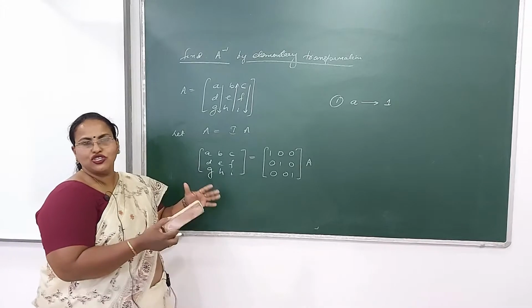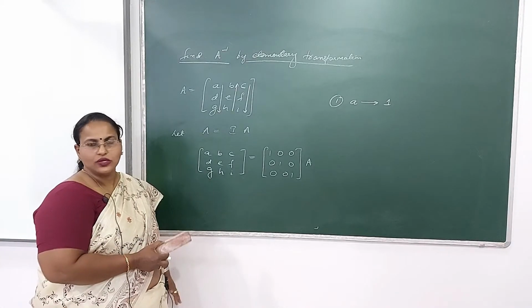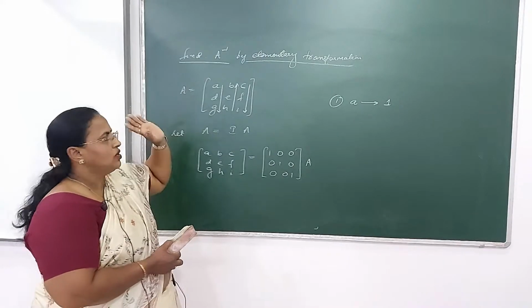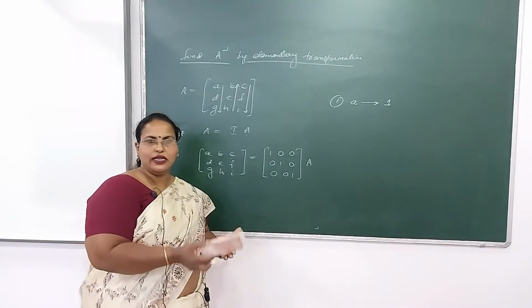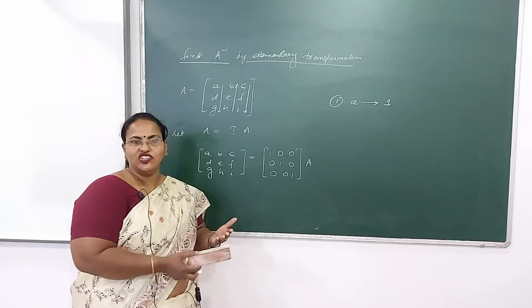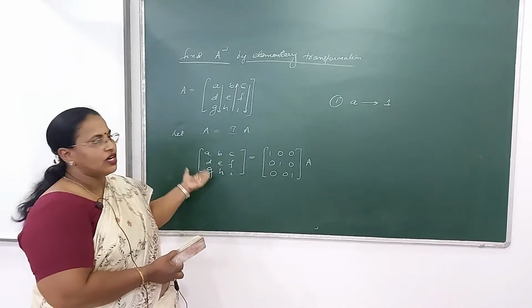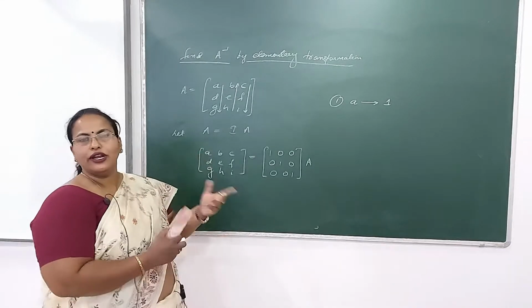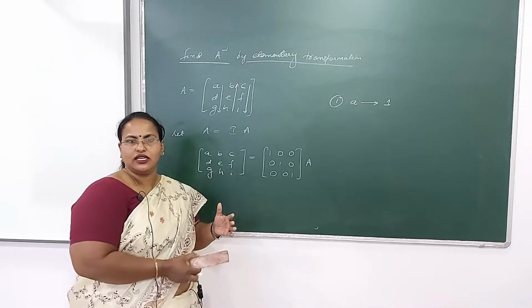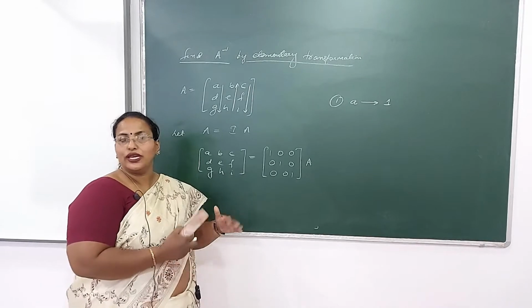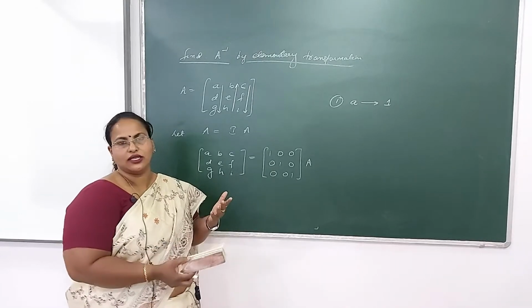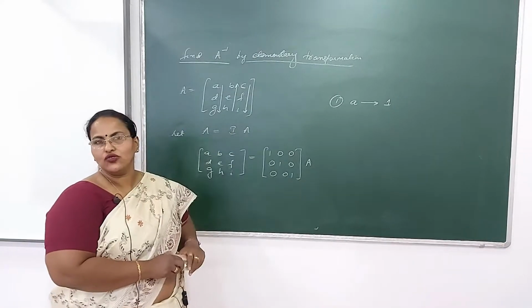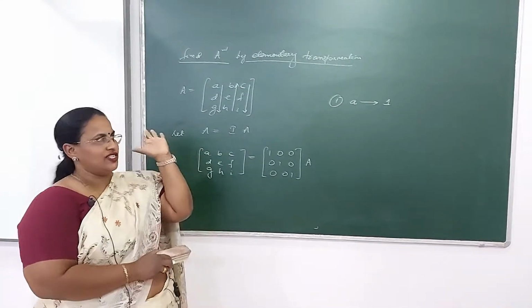So all the options are open here. Either you can divide by the same element, or you can interchange. If suppose in the third row this position is 1 and you want 1 here, go for interchanging, R1 interchanged with R3, that is also okay. Or you can take the help of R2 or R3. So many options are open to convert this position to 1. This will be the very first step.